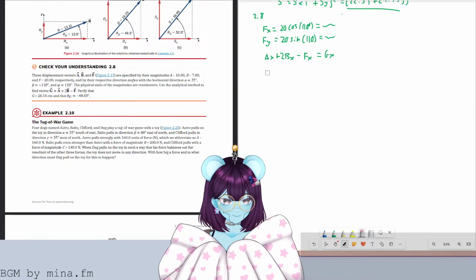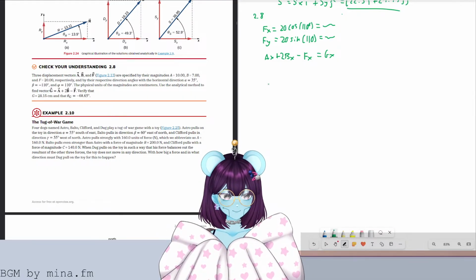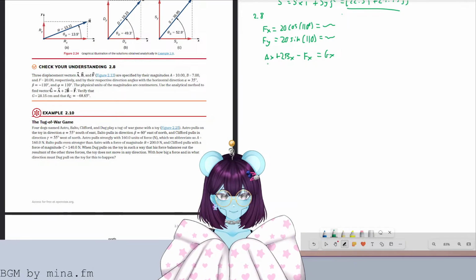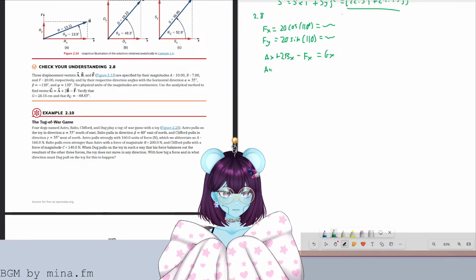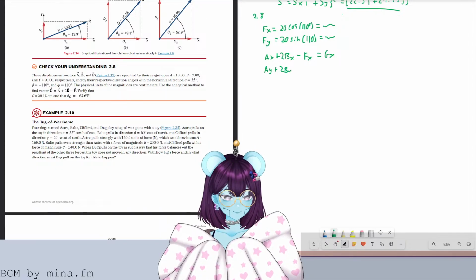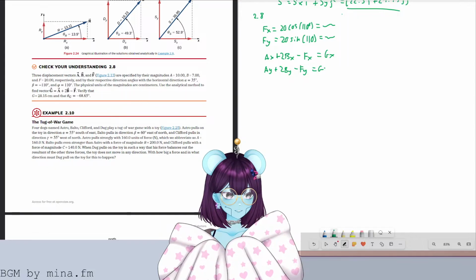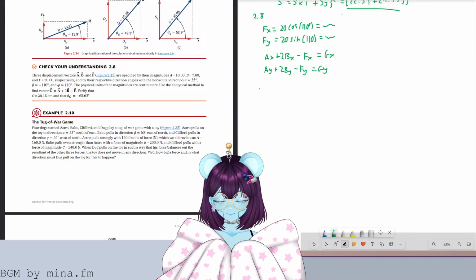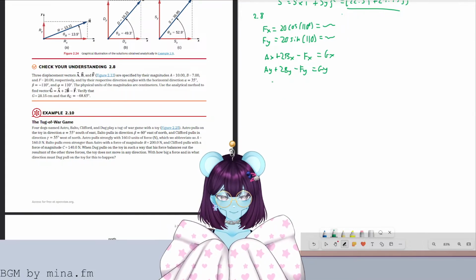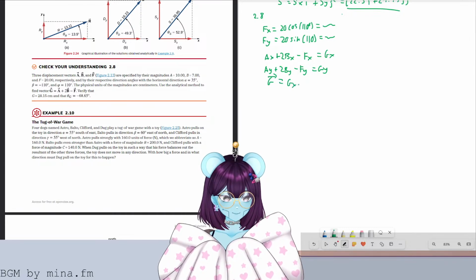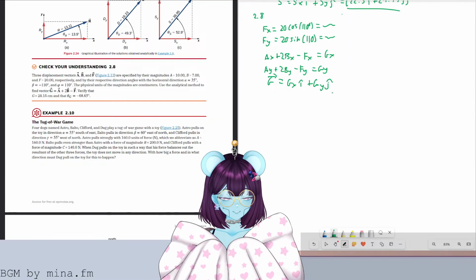I don't know what happened. This thing crashes all the time. I'm thinking of switching to a different software to write stuff, but yeah. So it's ay plus by minus fy. We get gy. And then we get gx i plus gy j hat. That is our g vector.